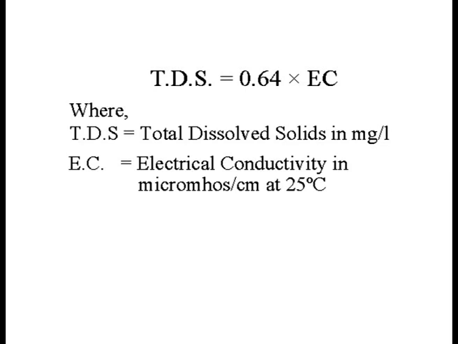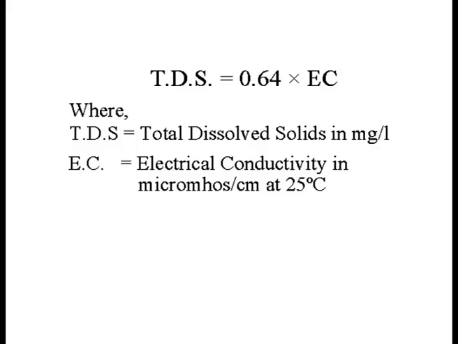By determining the EC or specific electrical conductance, indirectly we determine the total dissolved solids. There is a relationship. Electrical conductivity is directly proportional to the total dissolved solids. So, if you measure the electrical conductivity, you can measure the TDS by the formula TDS in mg per liter equals 0.64 into electrical conductivity.